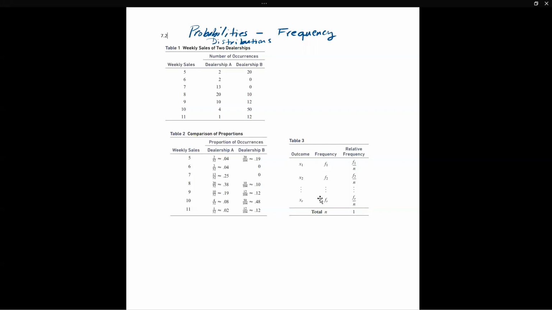Here we have Miss Jones. She has two options, going to dealership A and B, and she was provided with data for the weekly sales in dealerships A and B. And as you see, dealership A, for example, had, if we add these numbers, let's say 2.